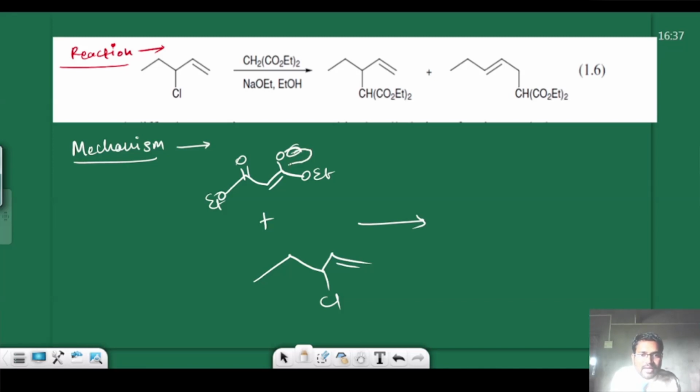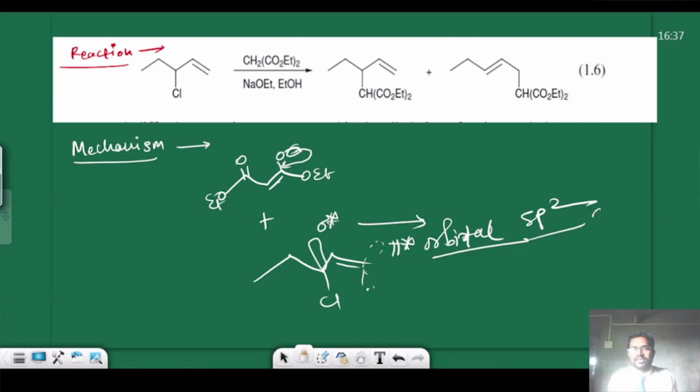This anion can come back like this, and it will attack either on this particular sigma star orbital, or on the pi star orbital of this particular sp2 center. So a mixture of products, A and B, takes place.